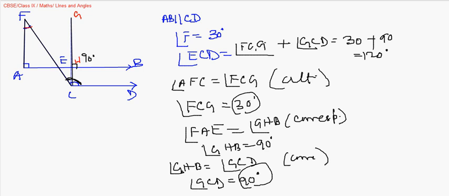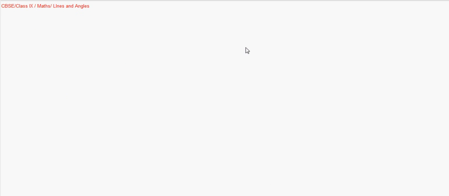I move on with one more question here. I draw the figure again. This is P, this is R, this is S, this is Q, and this is O. It says OP is parallel to RS.